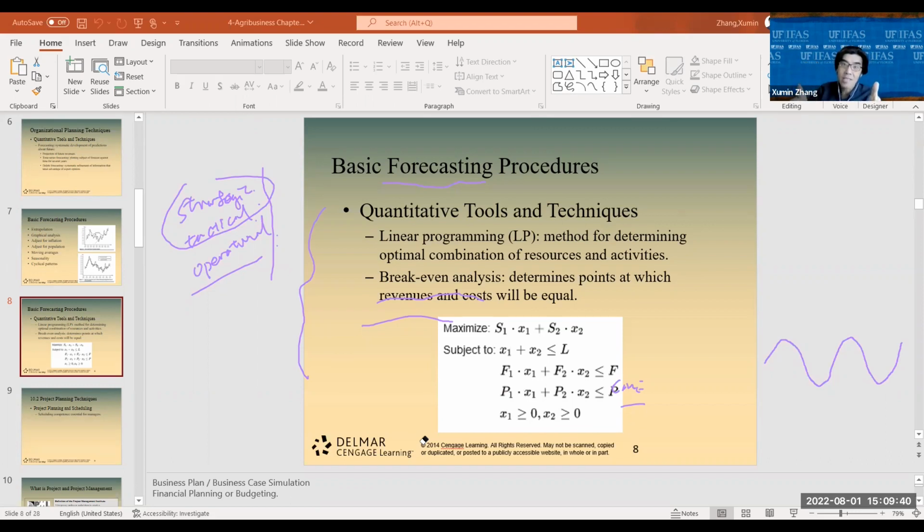Based upon that, we estimate or forecast our cost and expense, and then we assume our revenue just covers the cost and the expense. We make zero profit. Keep in mind that the break-even analysis could be our starting point for our management simulation project.